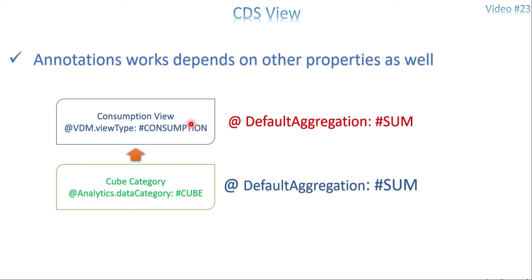I feel the consumption view is the final view, and maybe you can have annotations for text or cosmetics or something else, but this default aggregation doesn't work when the consumption view comes into place. If I use the same aggregation of sum for the cube, yes, it works. Even though I have a dimension field, I'm having the sum for the dimension CDS view in the particular cube CDS, and yet it works. So this is just for your reference.